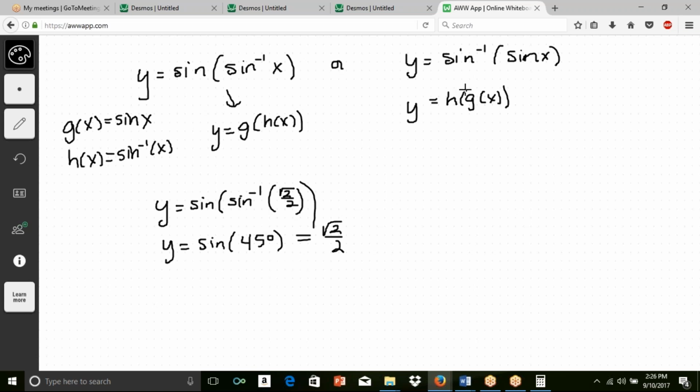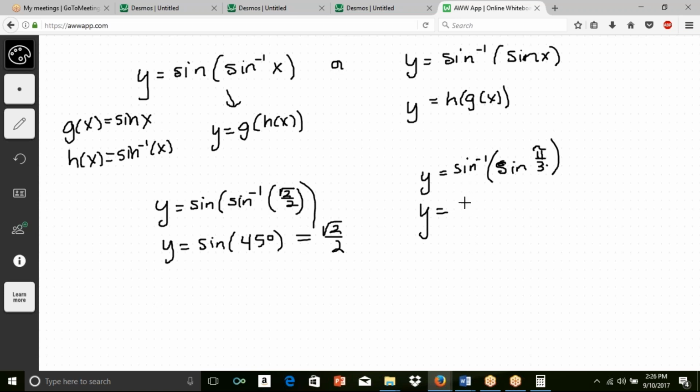And over here we might have y is equal to arc sine of sine of, we'll say, pi over 3. Well, by the same token, I would have arc sine of sine of pi over 3.